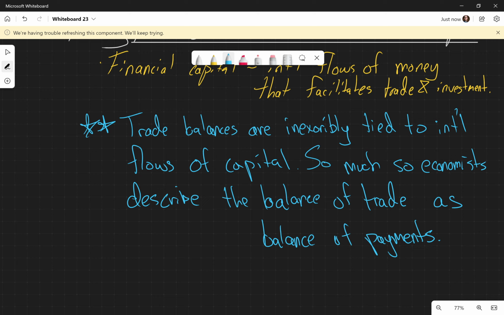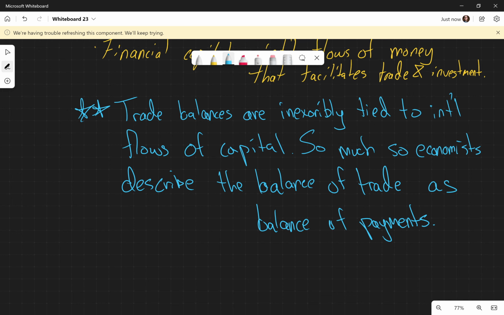And we're going to talk about that in a bit more detail in the next graph, talking about how each category of the current account balance involves a corresponding flow of payments between countries. So let's take a look at that right now.